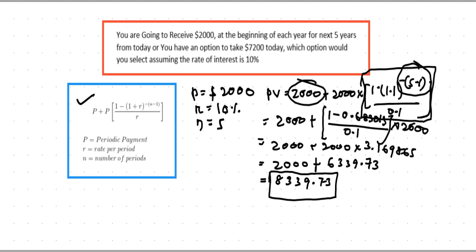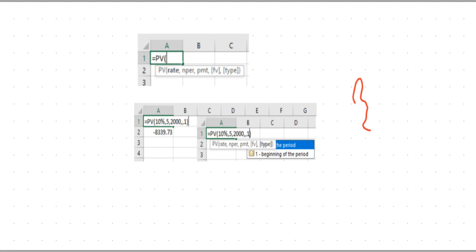We can also use Microsoft Excel to calculate the present value. The function you have to use is equal to PV. Then you have to give the rate, number of periods, payments, future value, and type.